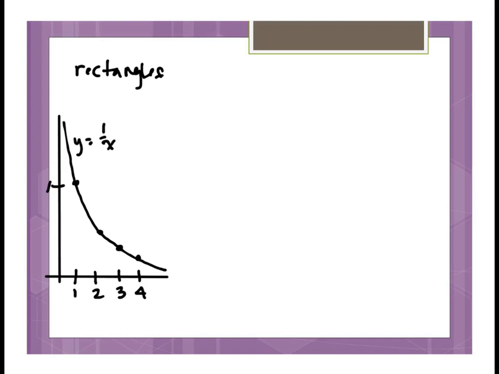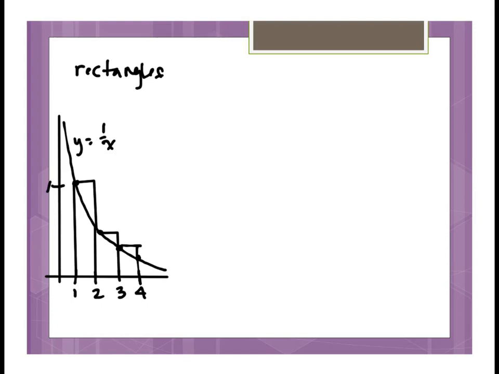Now, if I were to make rectangles of those heights, no promising that I've got these straight, the area of each one of those rectangles will be the width of the rectangle, which is what? 1, times the height of the rectangle.